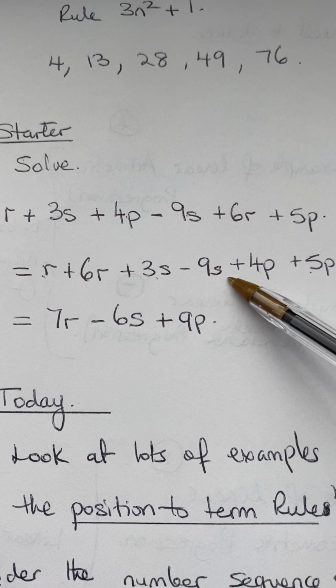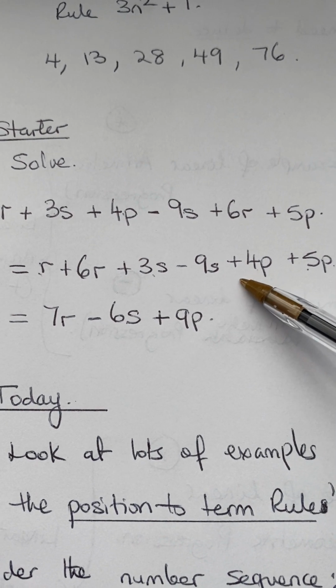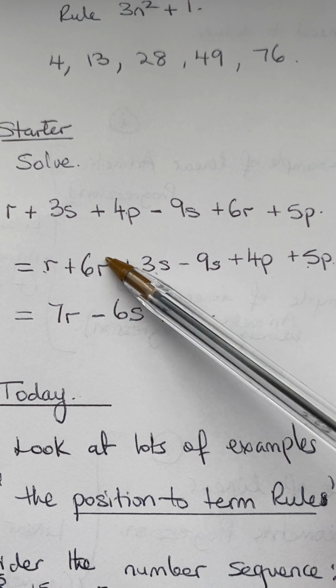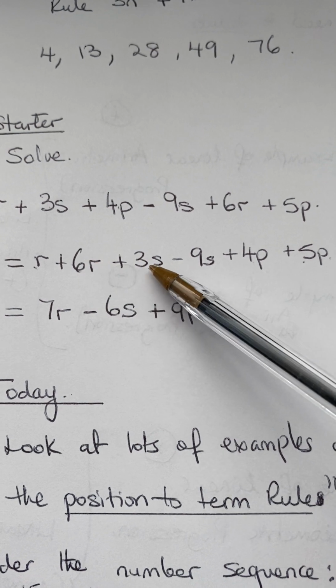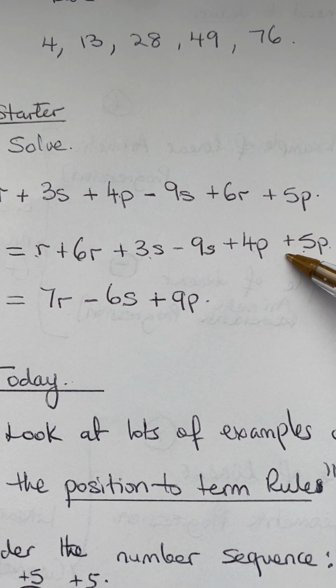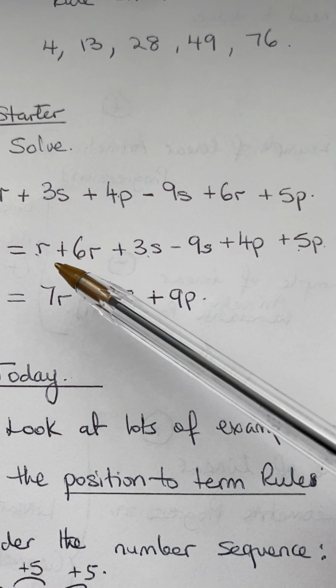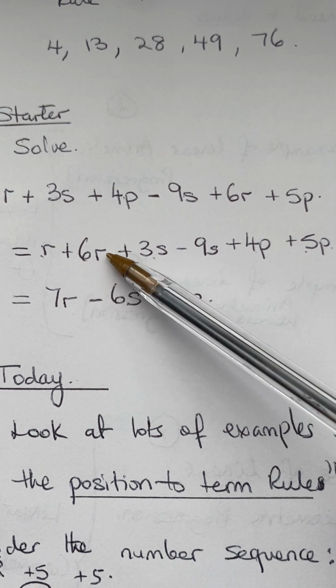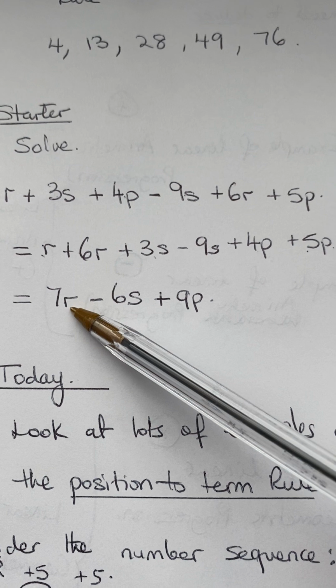As I've explained before, you are putting tomatoes together, oranges together, apples together. So r plus 6r is 7r.